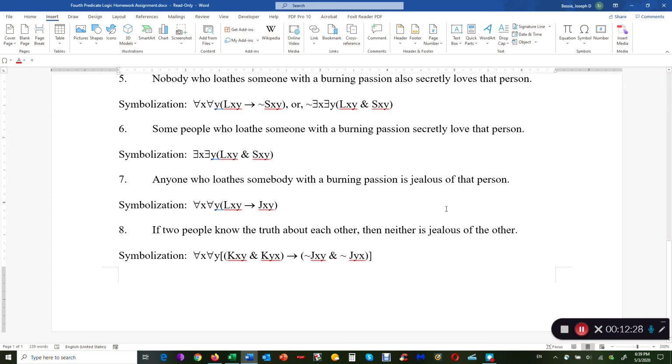And this last part right here, because it says neither nor, that last part could have been written as a disjunction with a negation out in front.